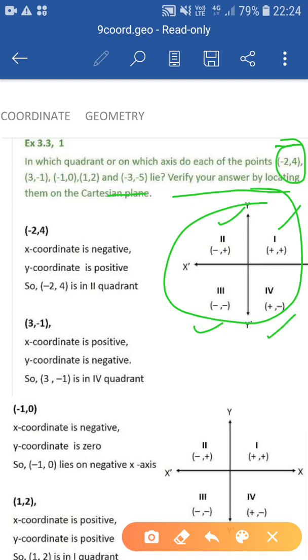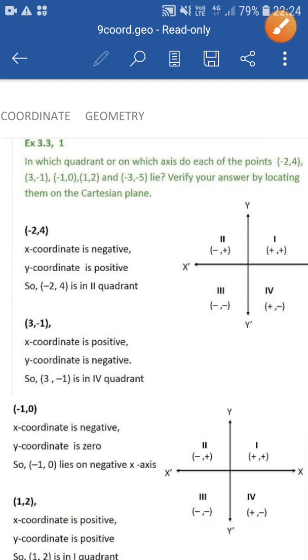And you know that if a point lies in the first quadrant, then both its coordinates are going to be positive. First coordinate, abscissa, positive, and second coordinate also positive. Similarly, in the second quadrant, because the x-axis is in the left direction, the first coordinate will be negative and the second coordinate will be positive.